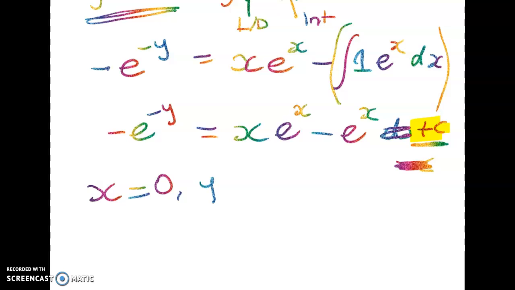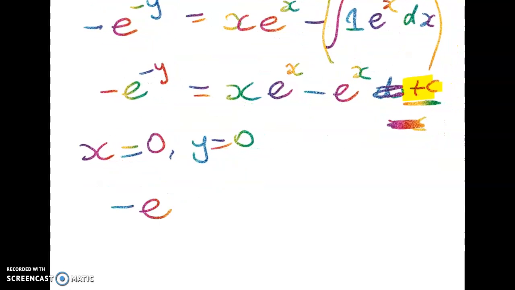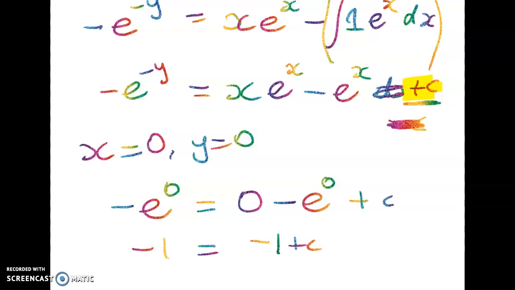So x equals 0, y equals 0. Let's see what we have. So we have negative e to the 0 is equal to 0 minus e to the 0 plus c. The negative 1 is equal to negative 1 plus c. So our constant of integration, happily, is c equals 0.